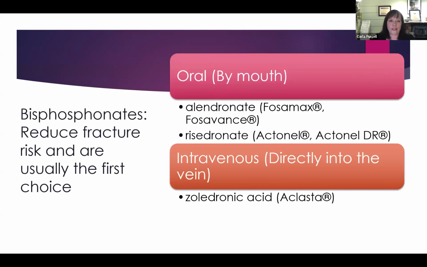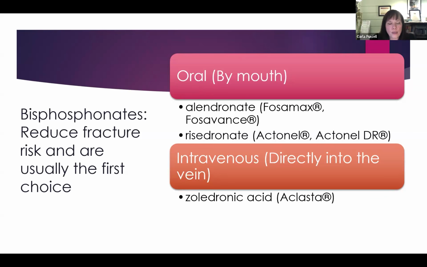So the first choice, usually, when we look at the osteoporosis meds, are the bisphosphonates. They lower the fracture risk, and they are the ones that we tend to go to first. They can be taken by mouth, and they can also be taken intravenously, which is directly into the vein through a small needle in your arm, usually.